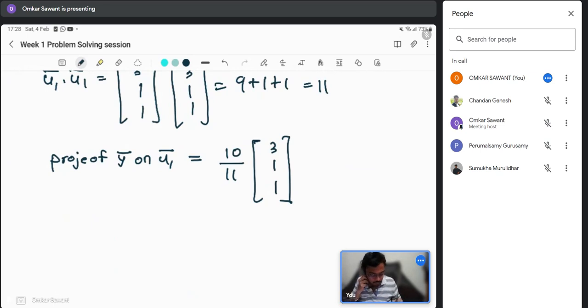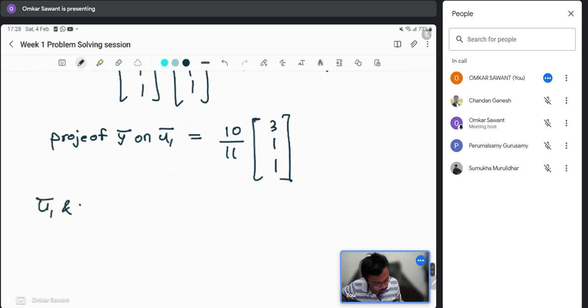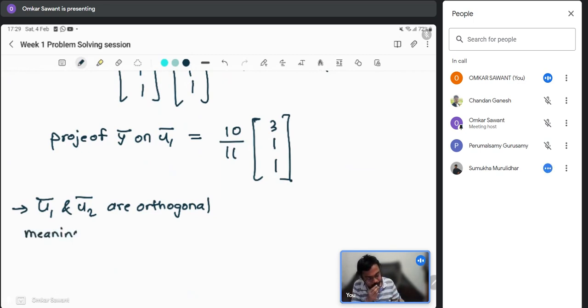What if I tell you u1 bar and u2 bar are orthogonal? What does it mean? That they are perpendicular, mathematically.